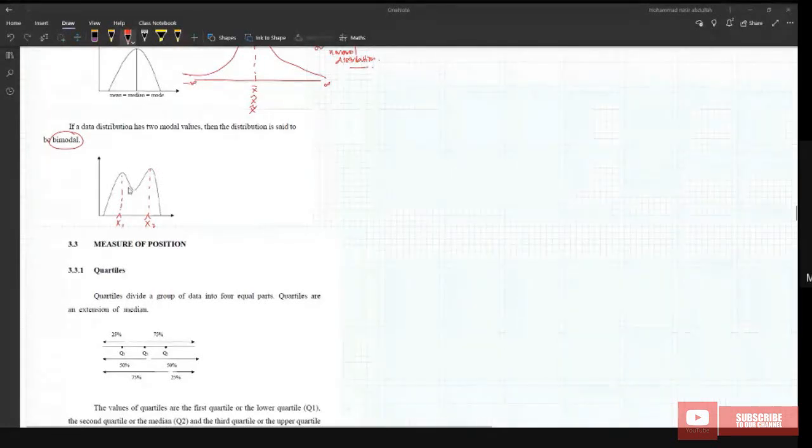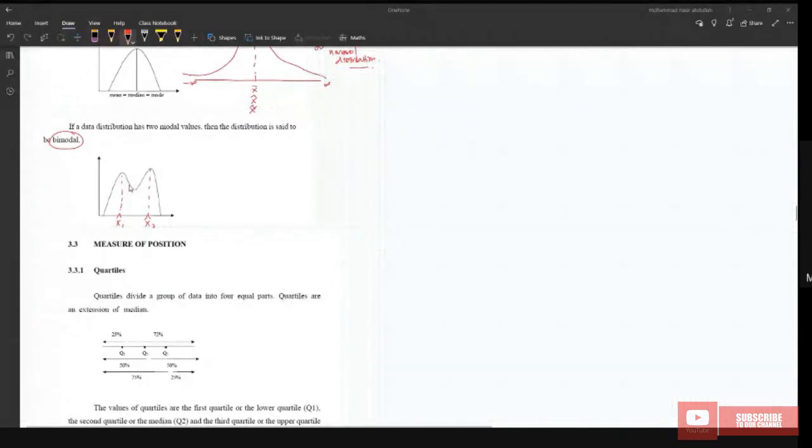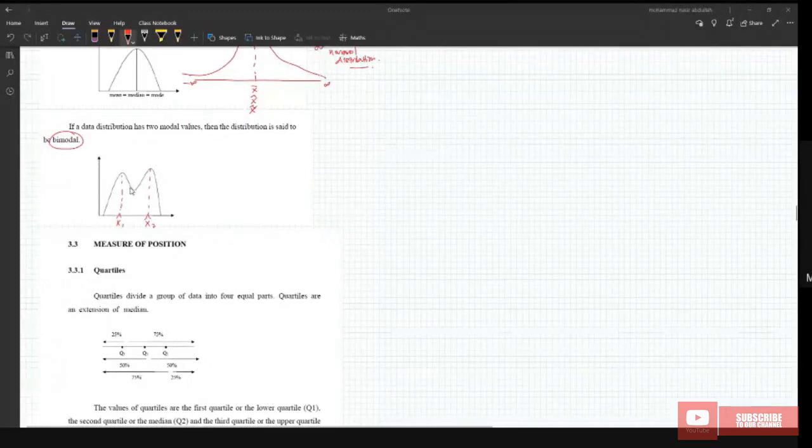We can just estimate this is a bimodal distribution, right? So for the skew to the left and skew to the right distribution and symmetrical distribution, we already know exactly where is the position of mean, median, and mode. Right? Other question?